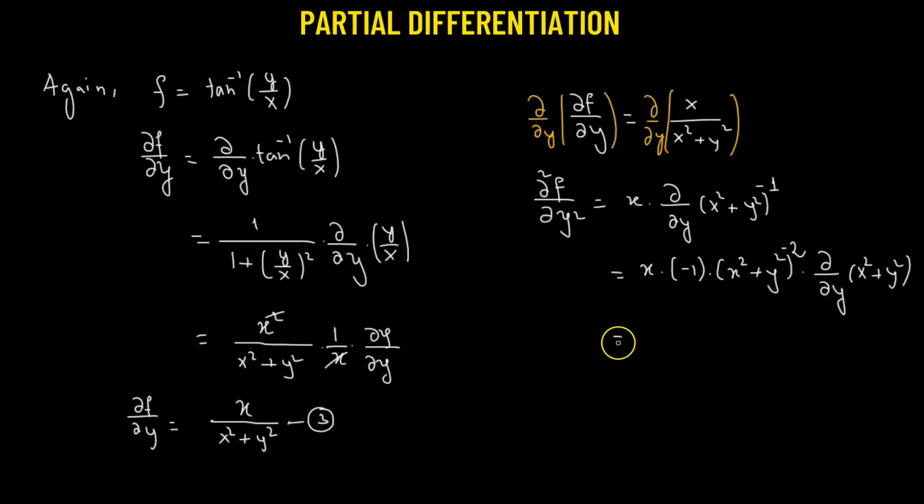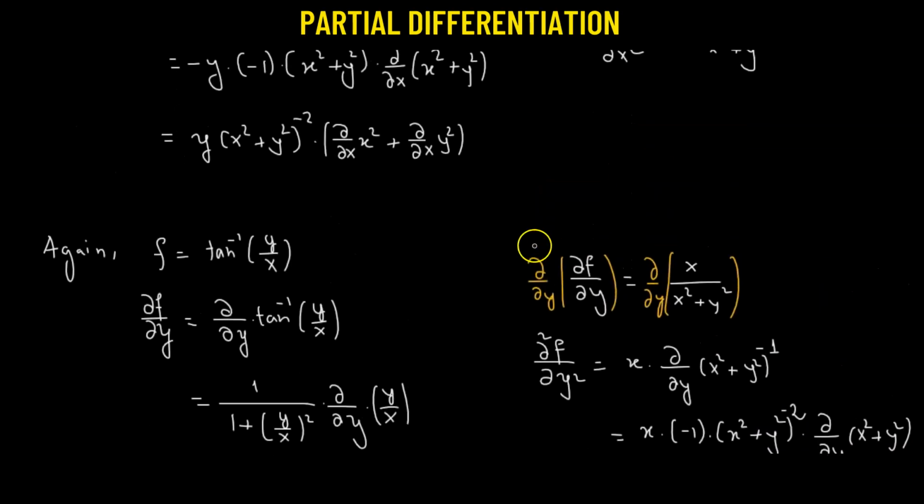So this will be equal to negative x divided by (x squared plus y squared) whole squared times, now the partial of x squared with respect to y will be 0 and the partial of y squared with respect to y will be 2y. So we have also obtained the second partial derivative of f with respect to y. Let's label this as number 4.